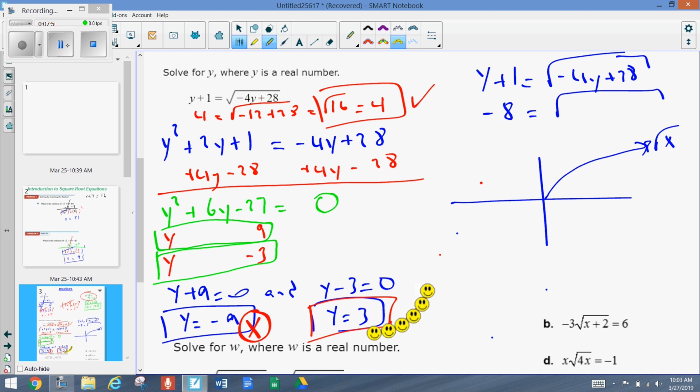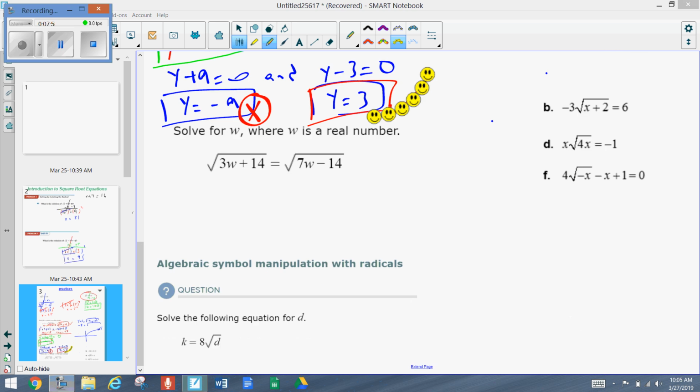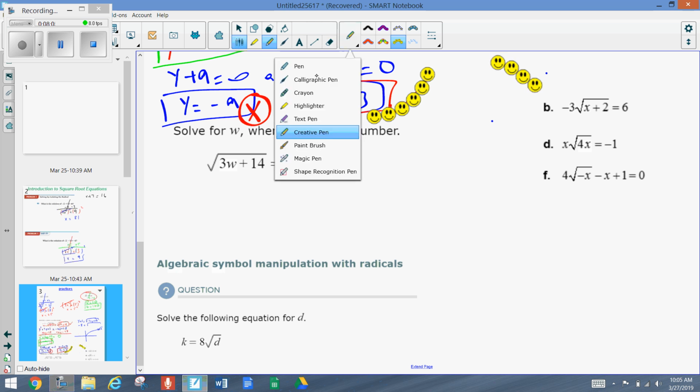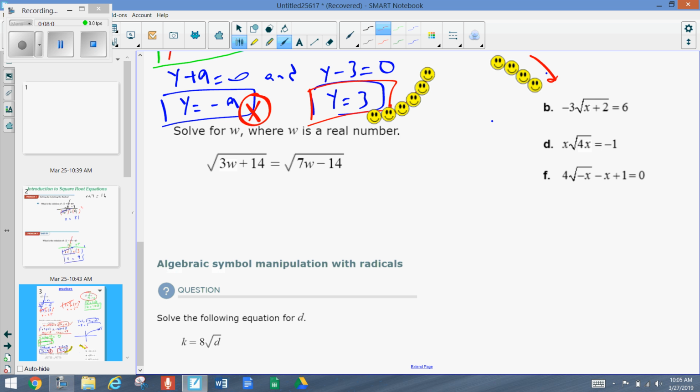Make sense? All right, look at those 3 questions here. Negative 3 times a square root expression is equal to 6.